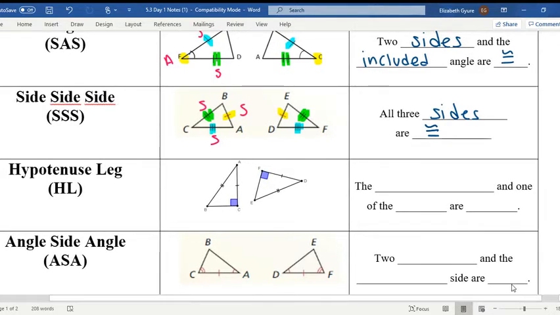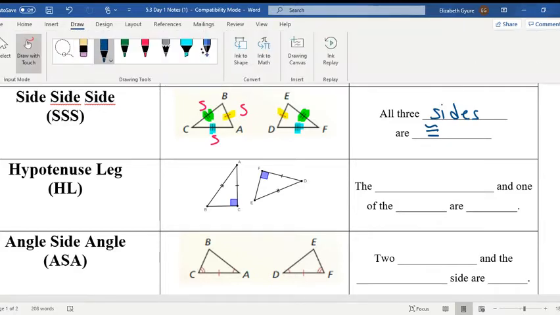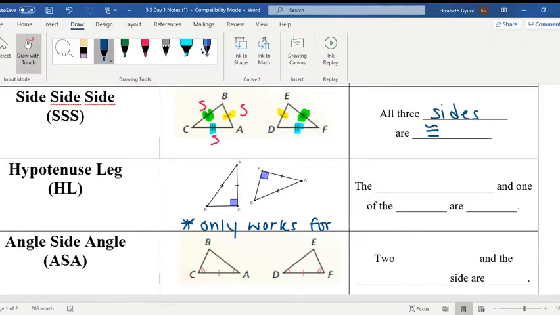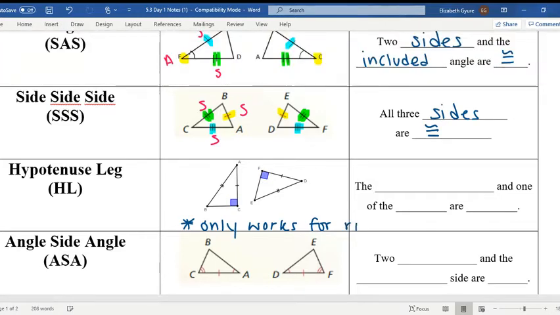So what that means, if this theorem is called hypotenuse leg or HL, then it only works for right triangles. And I would write that down. Since you have to have a hypotenuse, this only works for right triangles. If it's not a right triangle, then you cannot use this.